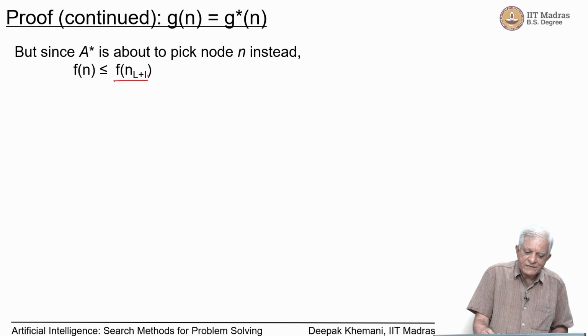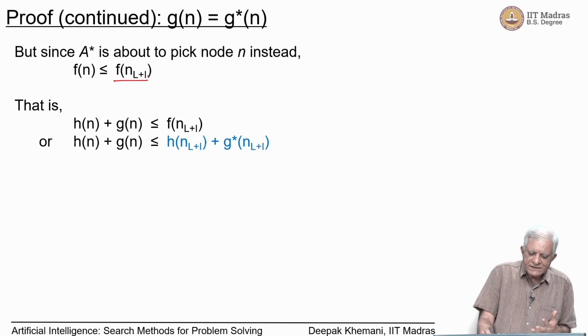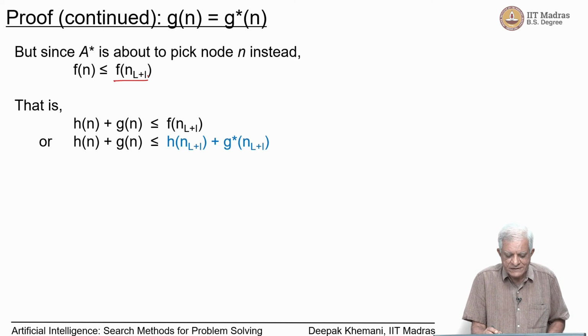So, that means f of n must be less than or equal to f of n_{L+1}, because that is how A star operates, which we can rewrite as saying h of n plus g of n is less than or equal to f of n_{L+1}, which is less than or equal to h of n plus g star of n_{L+1} essentially.